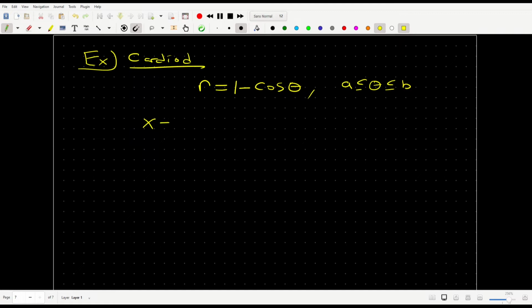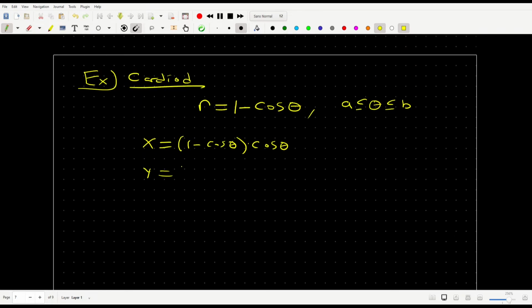Which will give you the equations for x as 1 minus cosine theta times cosine theta, and y as 1 minus cosine theta times sine theta, using our relationship between the radius and cosine theta and sine theta from polar coordinates.